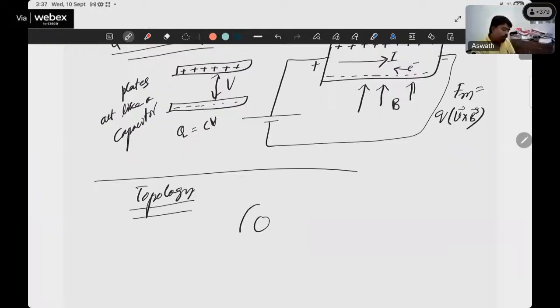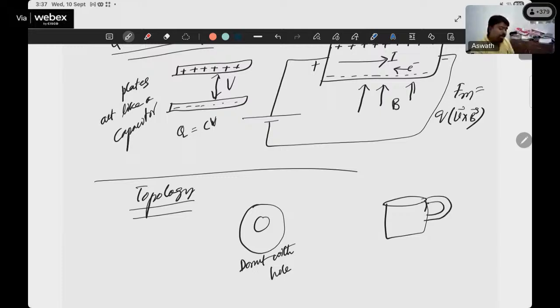Let's say I have a donut, which has a hole. Now let's say I have a cup. A cup has a handle, and the handle has a hole.